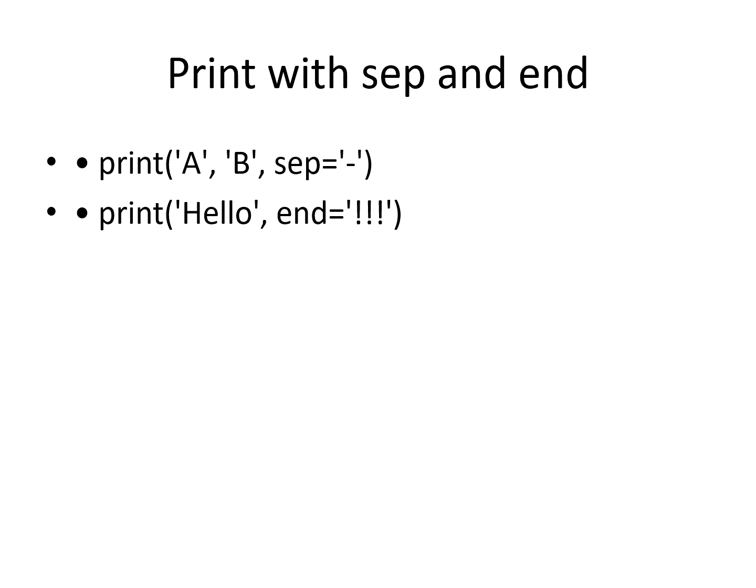If you see the first print statement here, print 'A' comma 'B', separated by a hyphen, it will display A, then hyphen, then B. In the next print statement, I want to display hello, and after hello I want three exclamation marks at the end of the message. So I have given end and then three exclamation marks, and they will be displayed after the hello message.